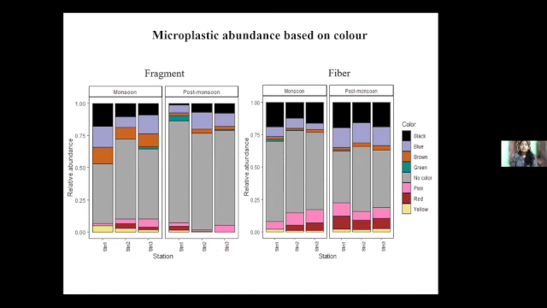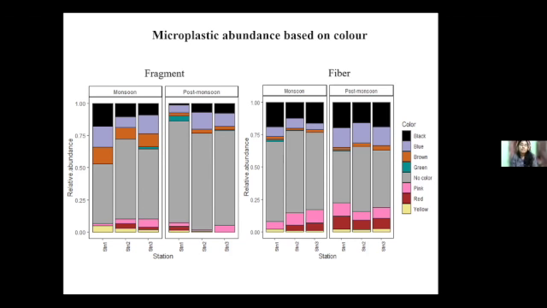Like if there's green microplastic floating in the water, some zooplankton end up eating it because they confuse it with green algae. So it is important to understand the microplastic distribution on the color basis so that we can see the impact of microplastic on the ecosystem.